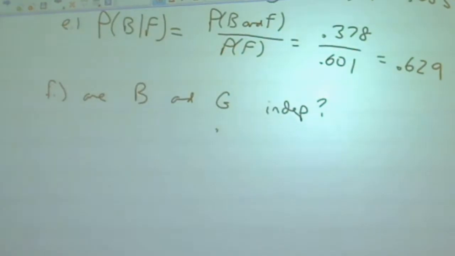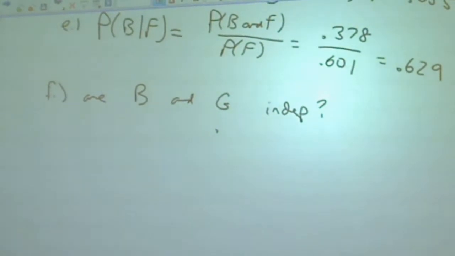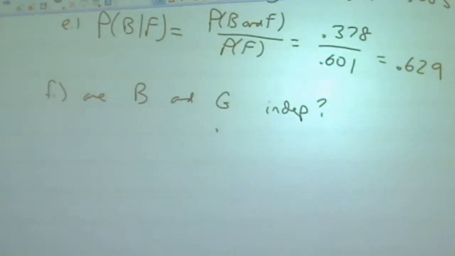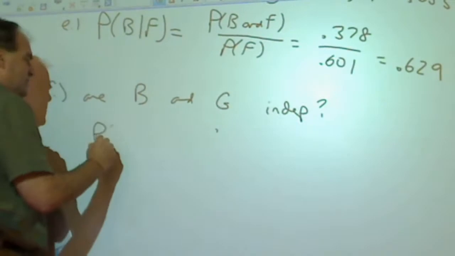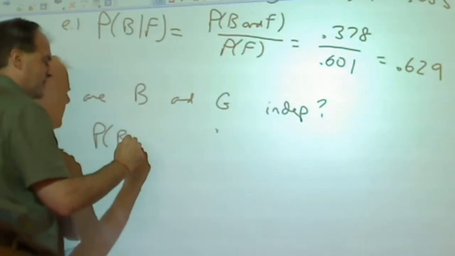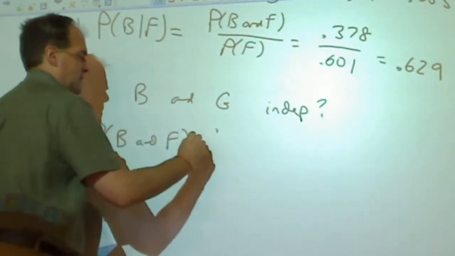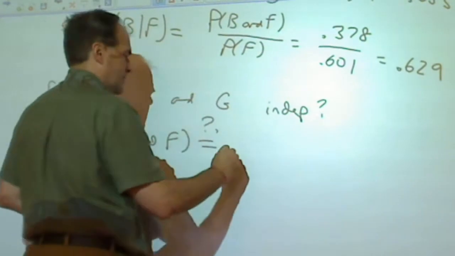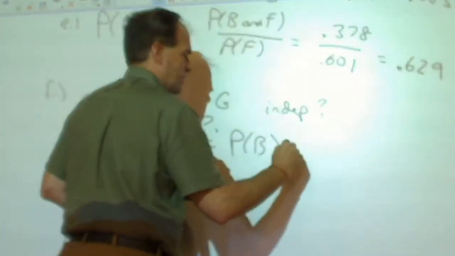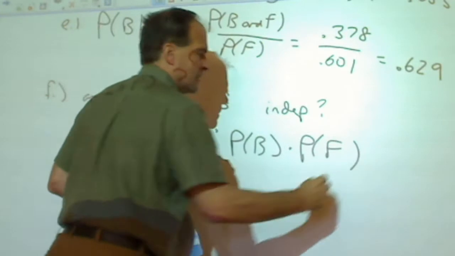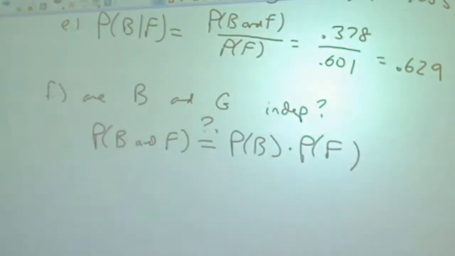How do you calculate it first? What does independent mean? We know that the female and breakfast is 0.378, but we have to calculate the other parts to see if it matches up. So what you're saying, breakfast and F is equal to the product. Does it equal that? Because if that's true, then you say they're independent.